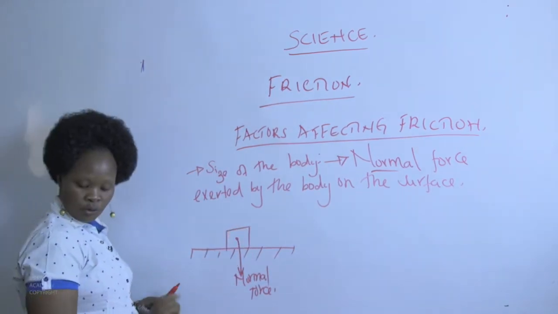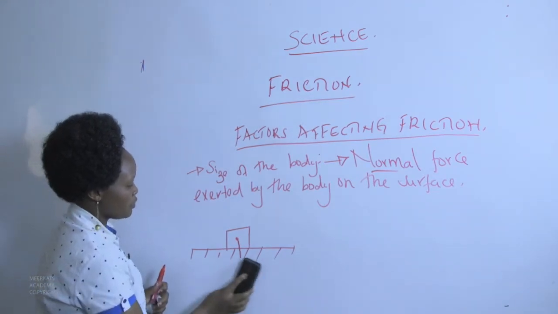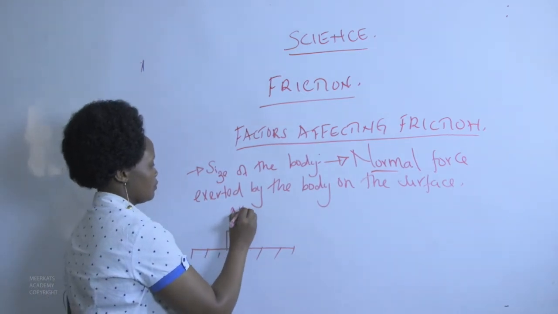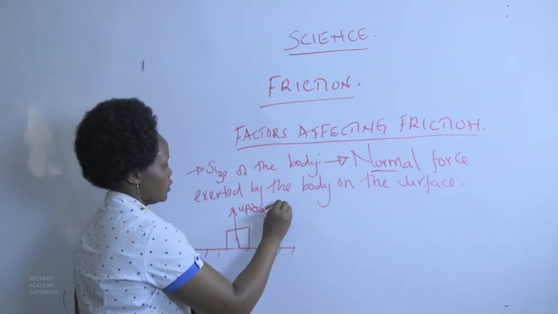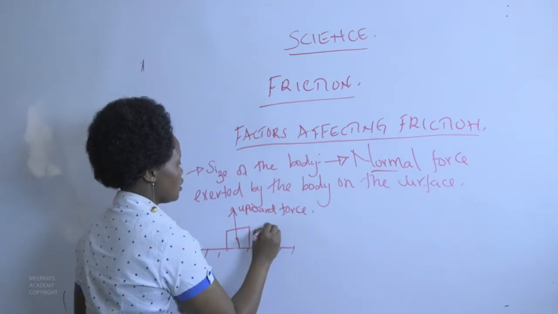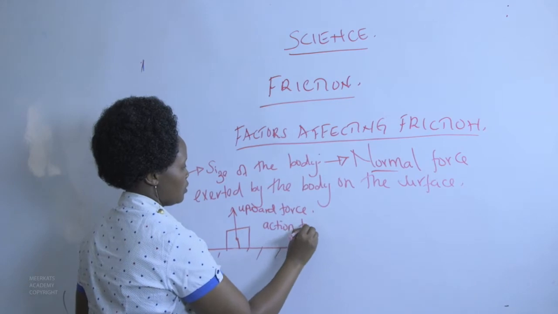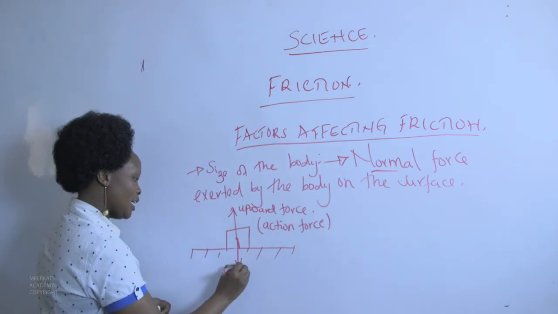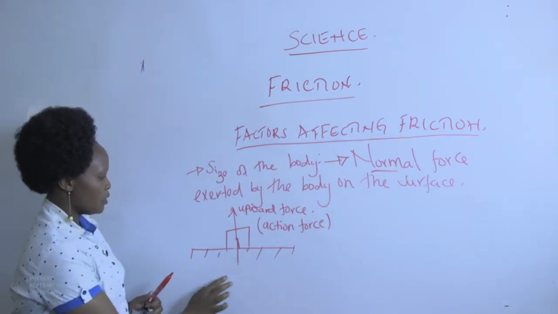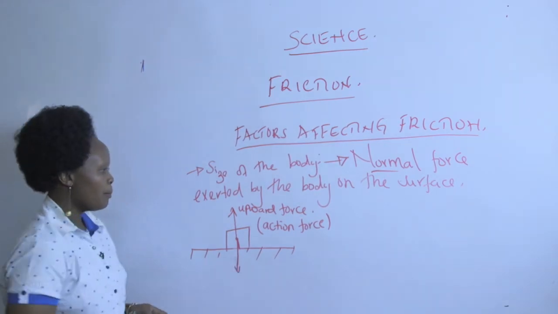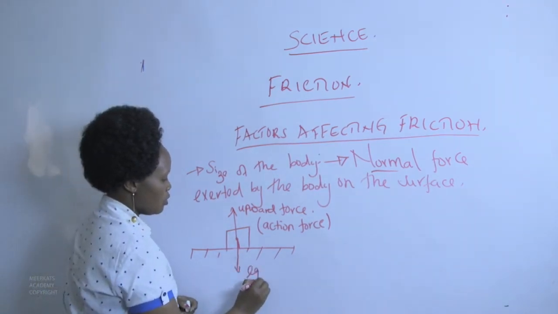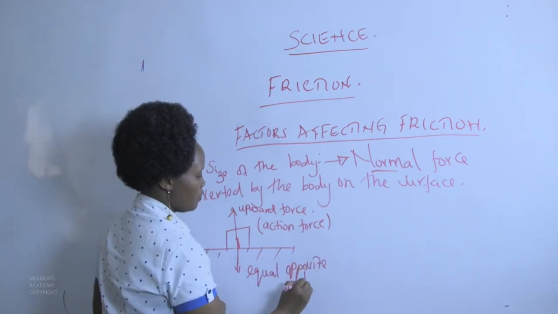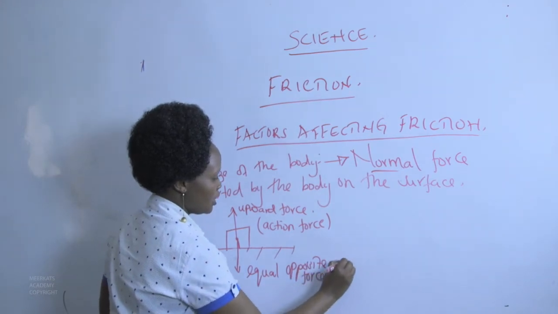But when you subject this body to a force, let's say an upward force, which I'm going to call the action force, the body exerts an equal but opposite force, which we call the normal.